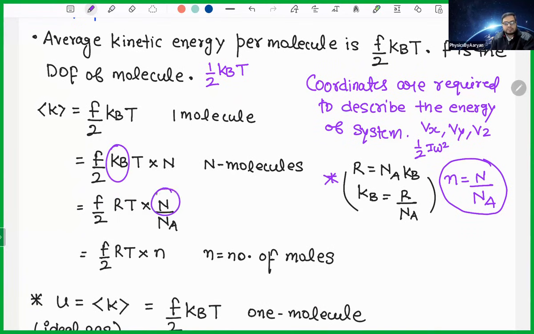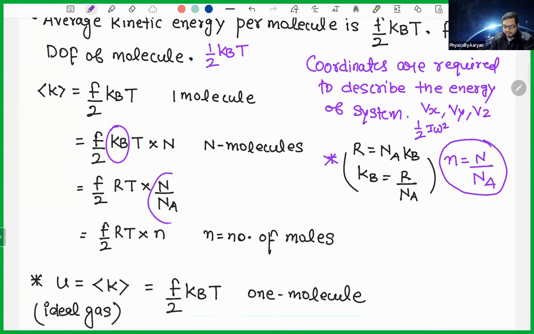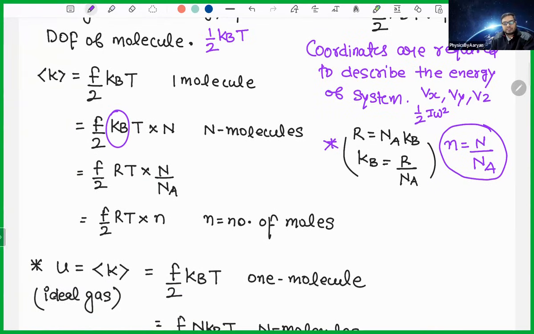So what I have done is I put my value of kB as R by Na. And this N remains here as such. And N by Na can be written as number of moles. So my average kinetic energy can also be written as F by 2 RT into n, where n is the number of moles, or F by 2 kBT into capital N, where capital N is the number of molecules. Both are different. How many moles of the gas you have is a different thing.